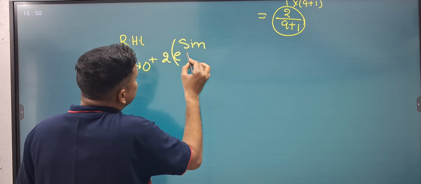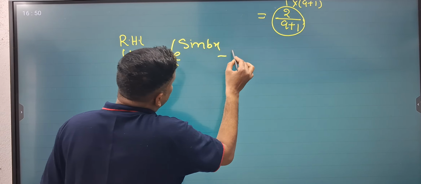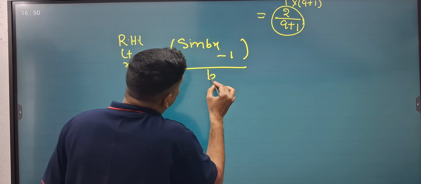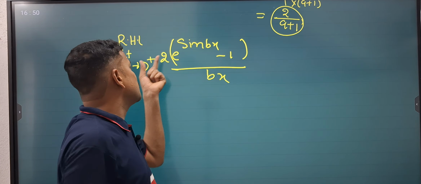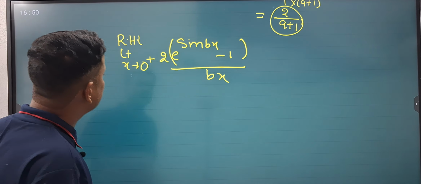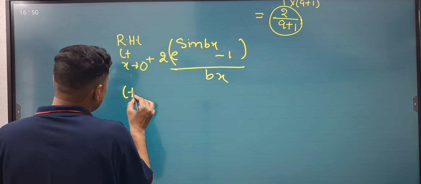2 e to the power sine bx minus 1 by bx. If you put the same 0 in this equation you will again get 0 by 0 form. So what do you have to do?